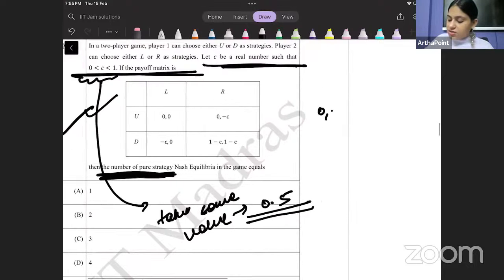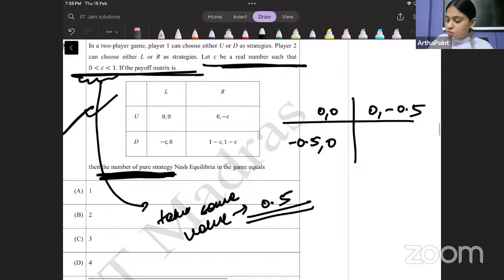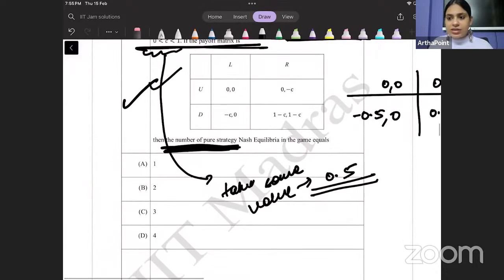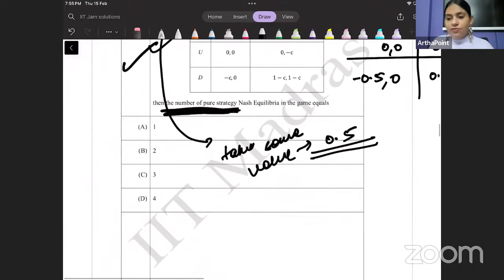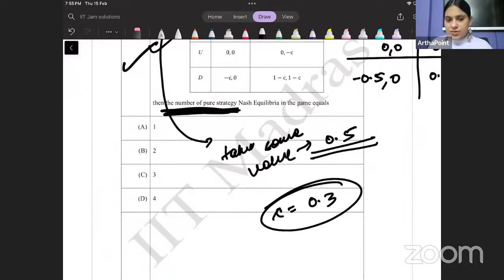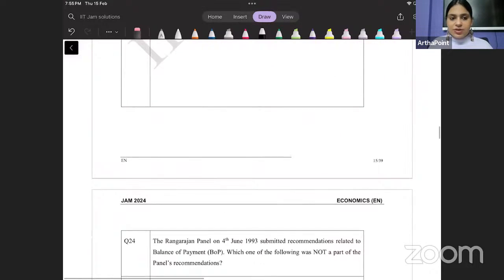And then rewrite the matrix कि 0, 0, 0, minus 0.5 हो गया, minus 0.5, 0, and 0.5, 0.5. And then solve it. That way the question will become easier for you to solve, huh? और verify करने के लिए हमेशा C का एक और value के साथ just verify the answer with it. Okay, ठीक है बेटा.